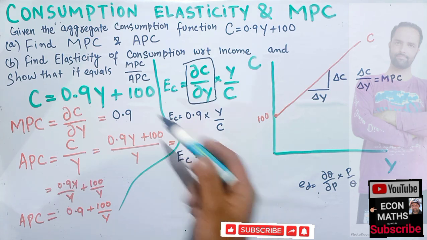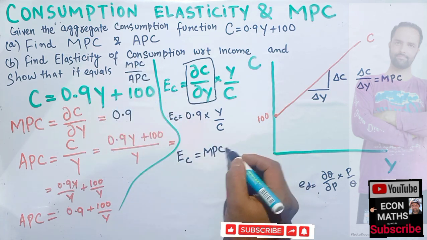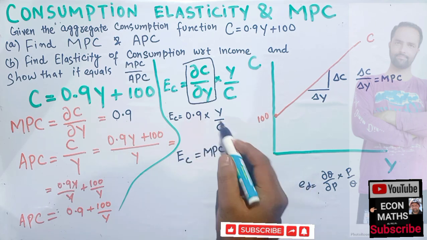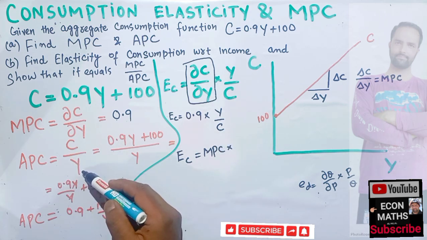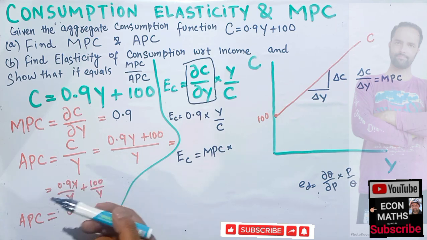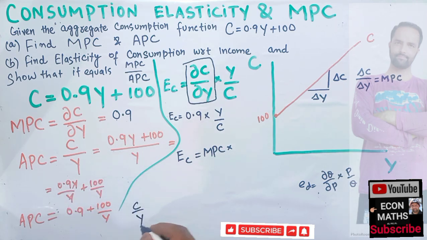So to verify that it equals MPC upon APC, this 0.9 is MPC, and Y upon C is the reciprocal of C upon Y. If C upon Y is equal to APC, then Y upon C will be equal to 1 upon APC, if I reciprocate on the LHS, I have to reciprocate on the RHS also, so that we have balance.